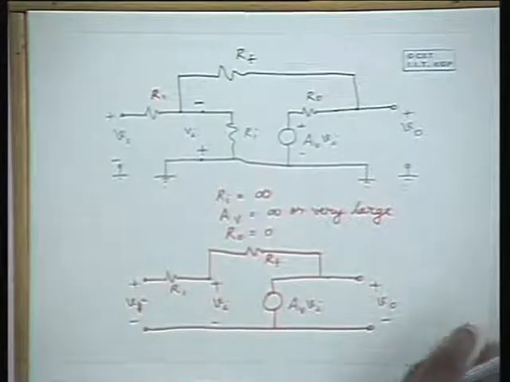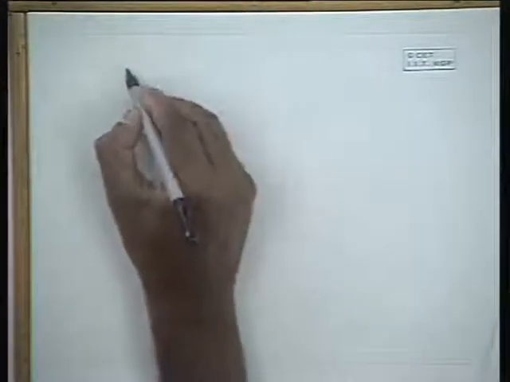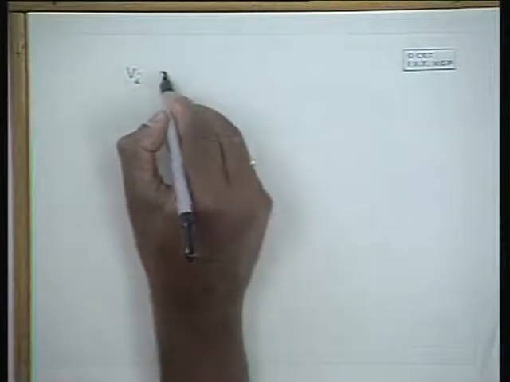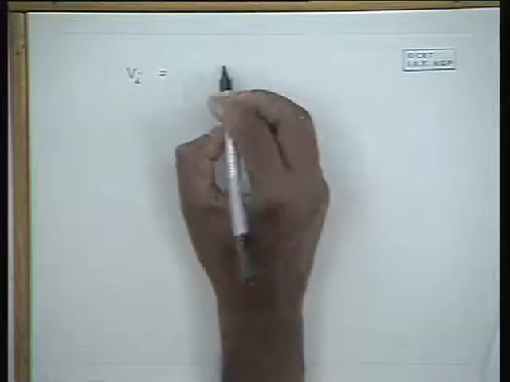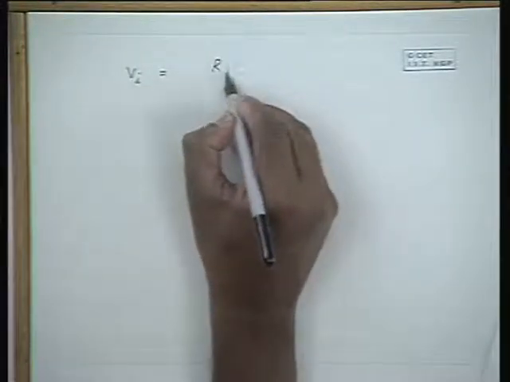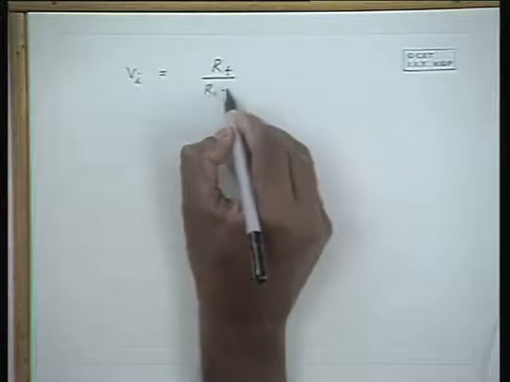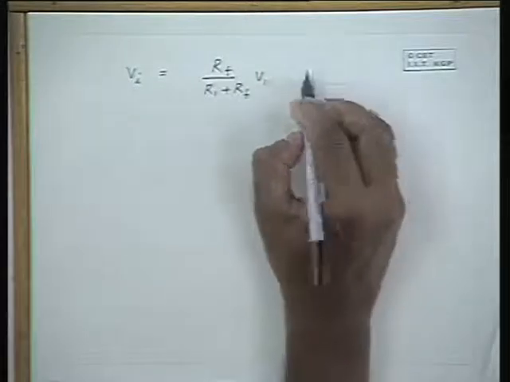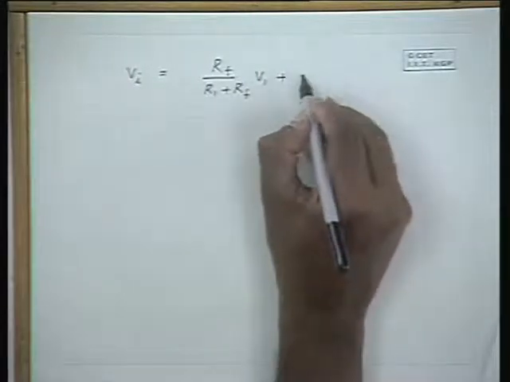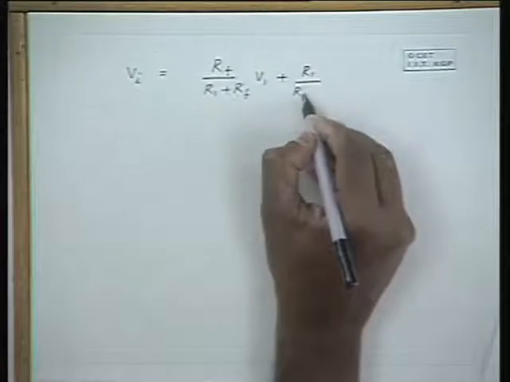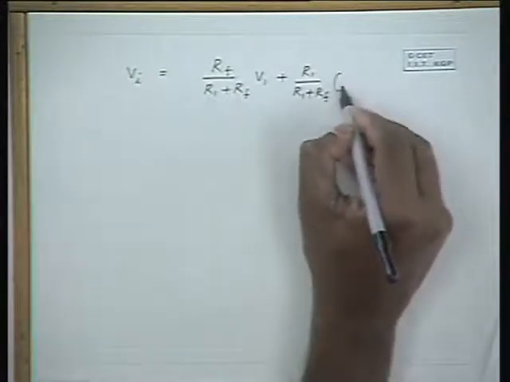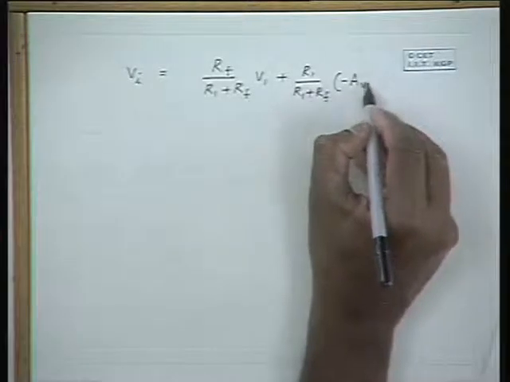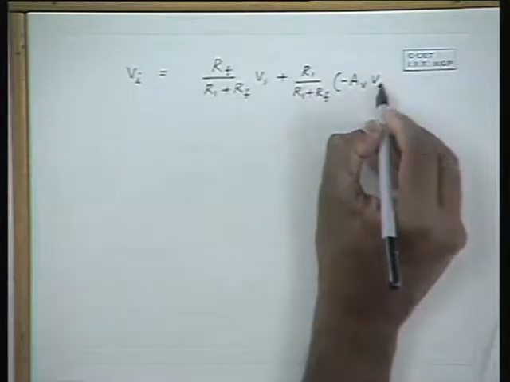Now by applying the superposition principle, we can get the total voltage Vi at the input of the amplifier as the superposition of both the inputs, and that is equal to RF by R1 plus RF into V1 plus R1 by R1 plus RF into minus AV Vi.